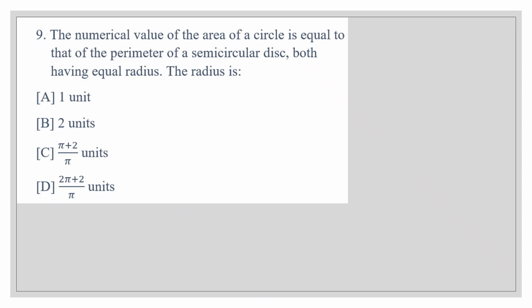Next question. The numerical value of the area of a circle, which is pi r square, is equal to that of the perimeter of a semicircular disk. They are talking about a semicircular disk. Both have equal radius. Let the radius be r.